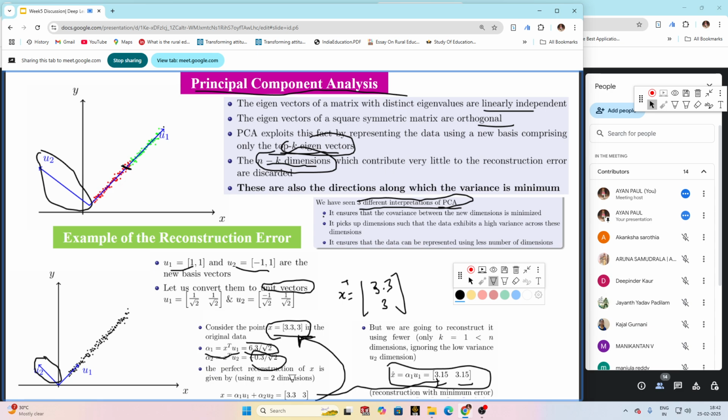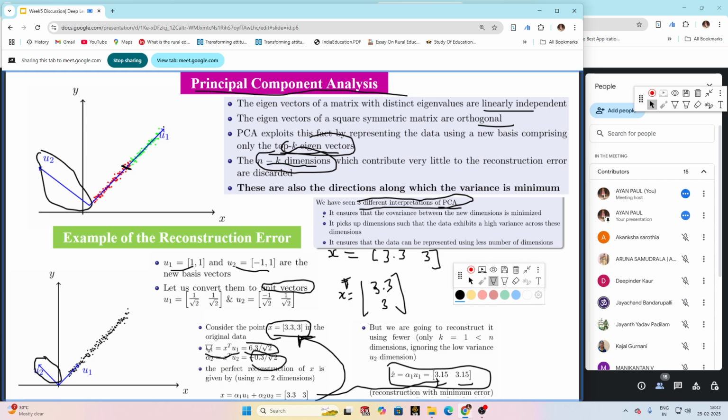Originally x is 3.33 into 3.33, this is your original value. Then we have found x transpose, just the transpose of this, and then we have multiplied it by u1 to get alpha 1 and u2 to get alpha 2.